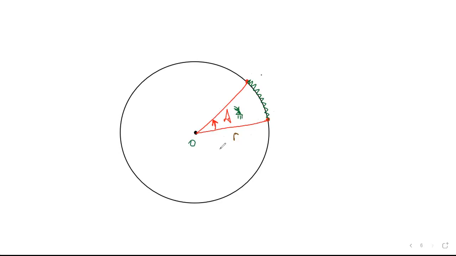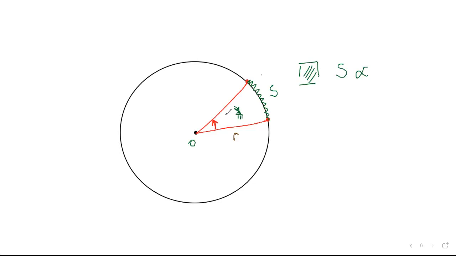You can prove that in geometry, but we are going to use that result right now. If the length of the arc is S, then we can show that the arc length S is proportional. Let's call this alpha because I cannot read my theta.